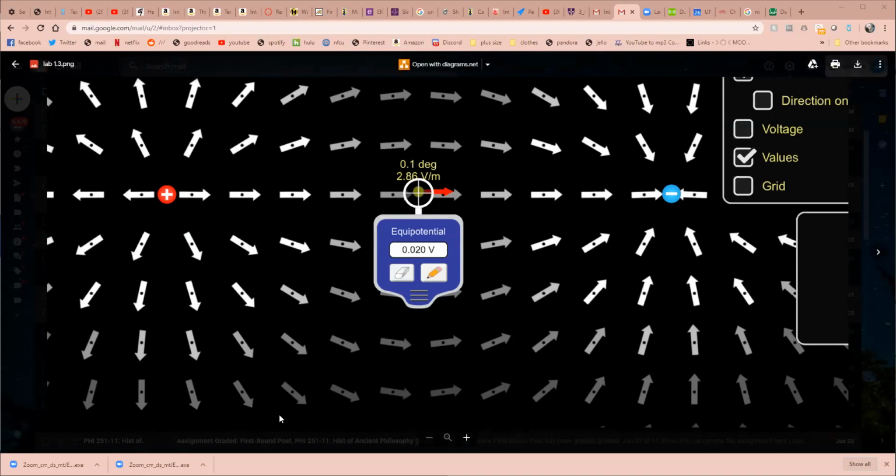They're like markers of the vector field. So what these arrows mark is the electric field, and the electric field is force per charge as a function of location. So it would be like F over Q of x, y.